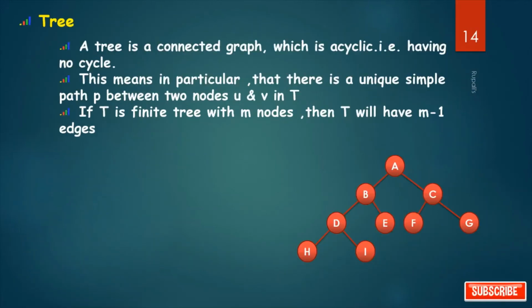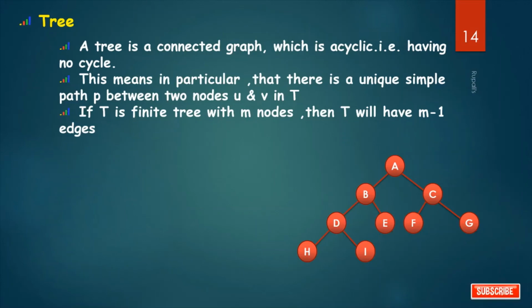Tree. A tree is a connected graph which is acyclic, that is having no cycle. There is no cycle, no loop, that is there are no repetitions. So, in particular, there is a unique simple path P between two nodes U and V in T. In between two nodes, there is only one path.